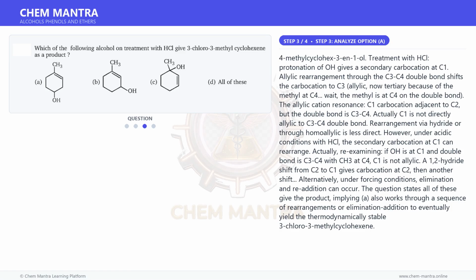However, under acidic conditions with HCl, the secondary carbocation at C1 can rearrange. Actually, re-examining, if OH is at C1 and the double bond is C3, C4 with CH3 at C4, C1 is not allylic. A 1,2-hydride shift from C2 to C1 gives a carbocation at C2, then another shift.